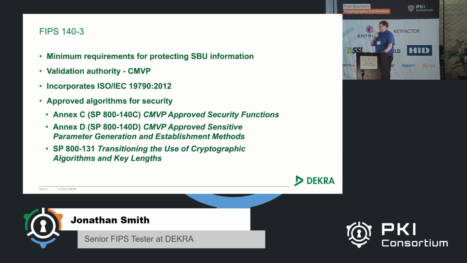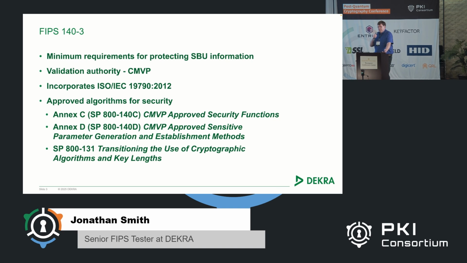That standard relies on approved algorithms for its cryptographic security, and those are incorporated into annexes. In general, 19790 is set up where individual national bodies or validation authorities can plug in their own items into these annexes. And then, the approved algorithms are split into two, depending on what type of algorithm it is.